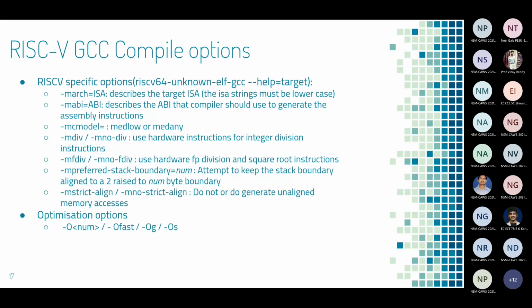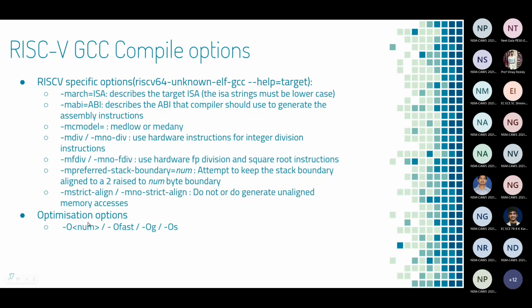In case you give -mno-strict-align, then you can load a half word from a 1-byte aligned address also. So let's say from an address location of 3, you can perform a load half word also. This is when you either have hardware support for servicing unaligned memory addresses, or you have software routines which trap and do that.